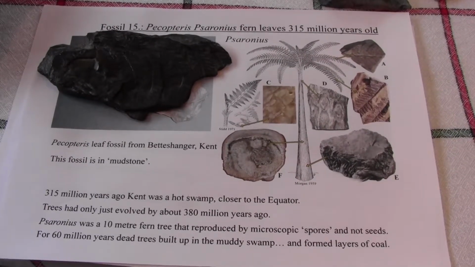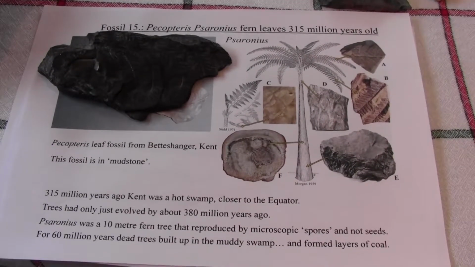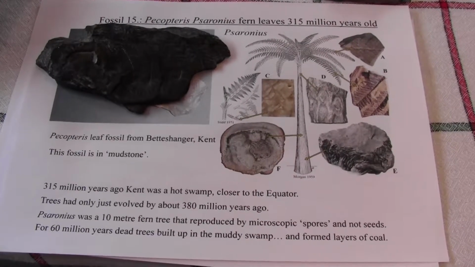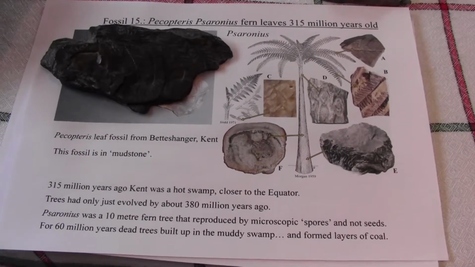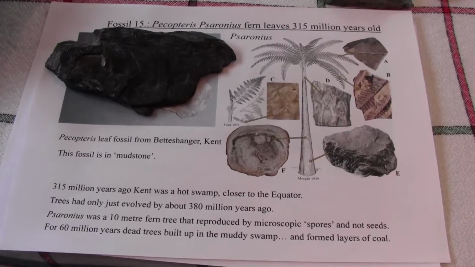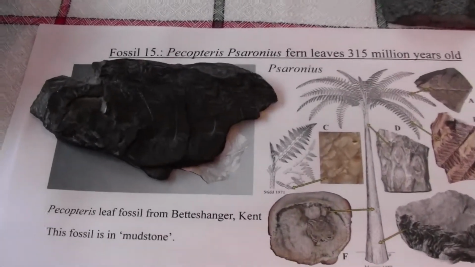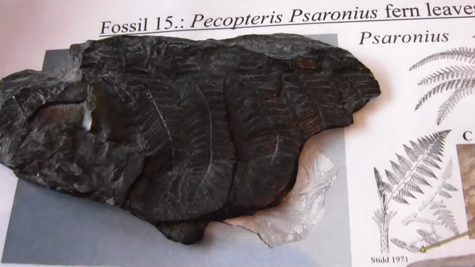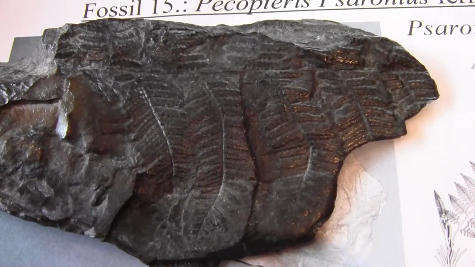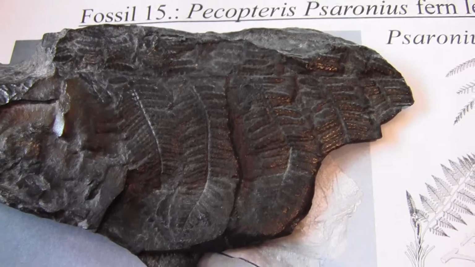And these layers of coal then started to be mined and dug up from about the 1920s or so here in Kent. So the fern fossils are quite common to find, and the patterns are quite nice too.